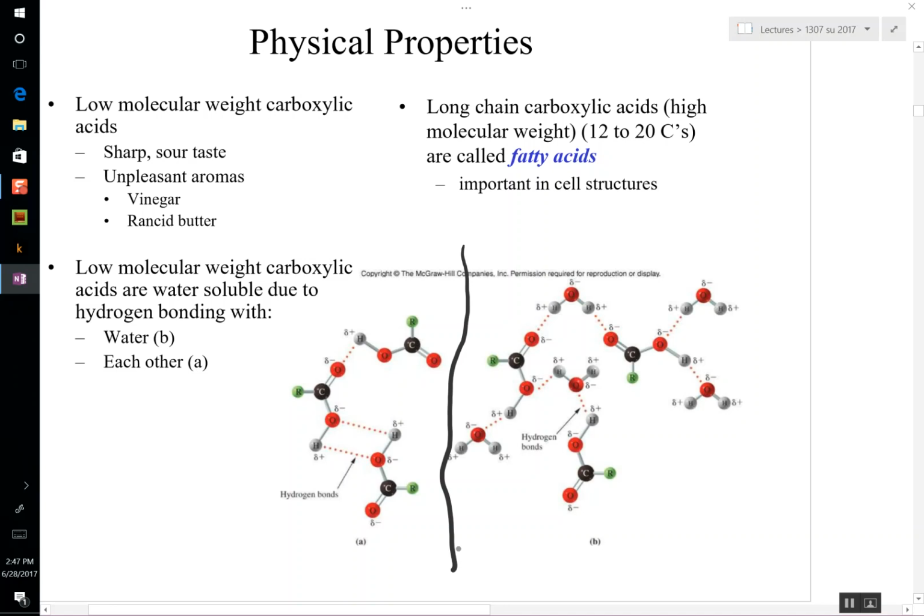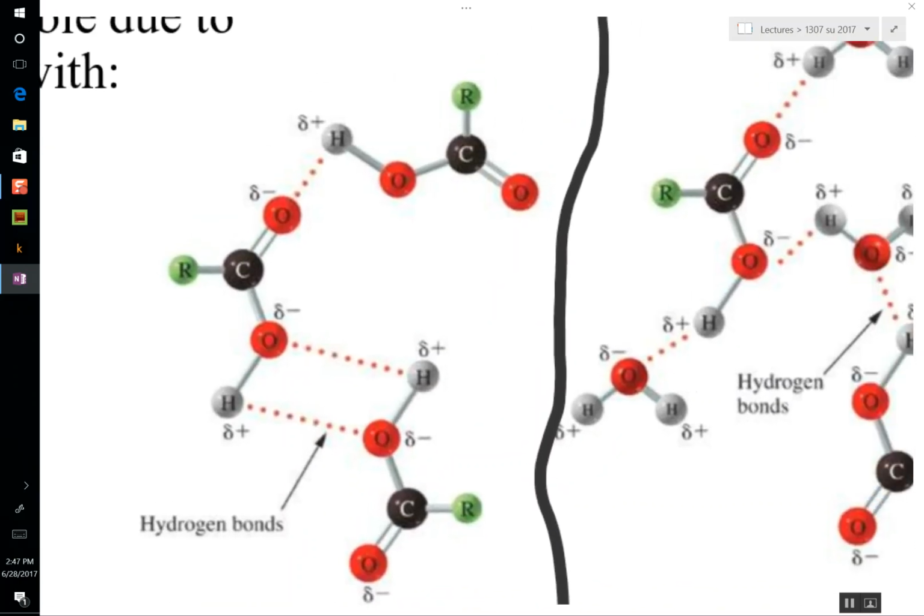You've got an OH group on the carboxylic acid, and an OH group on the other one. So the oxygen on the one would line up and hydrogen bond to that hydrogen, and this oxygen would hydrogen bond to that one, and you could even have the hydrogen on another carboxylic acid hydrogen bond to the carbonyl. So one molecule could actually get as many as 3 hydrogen bonds with other molecules around it.